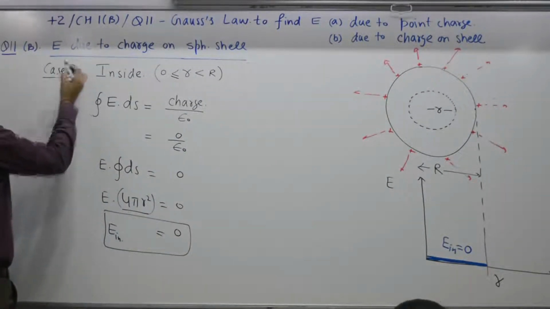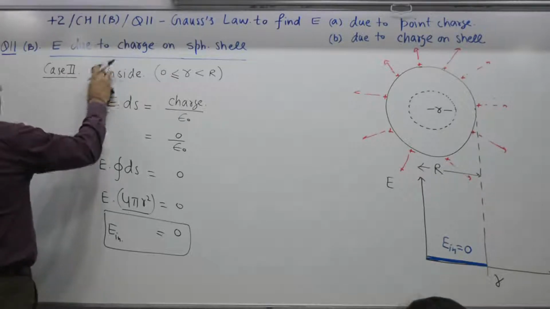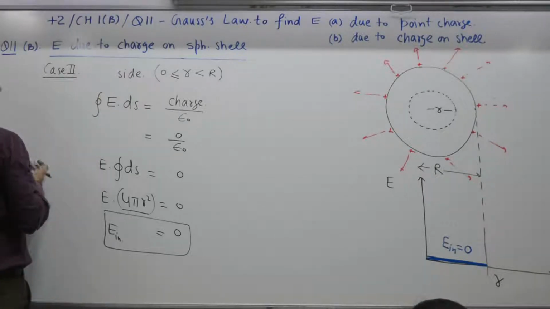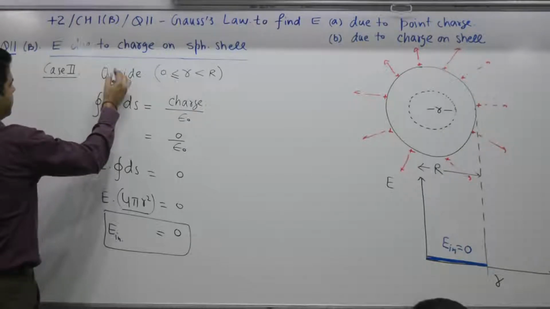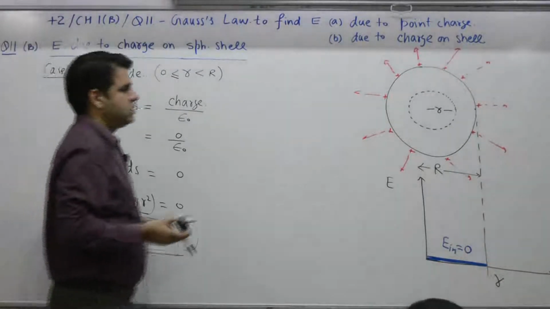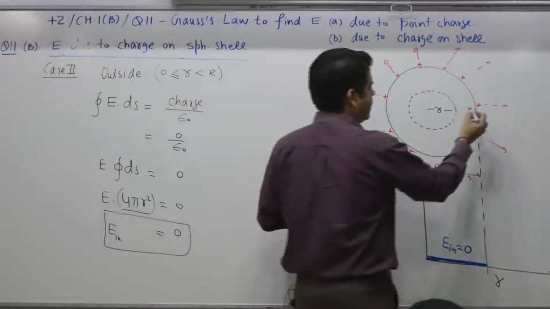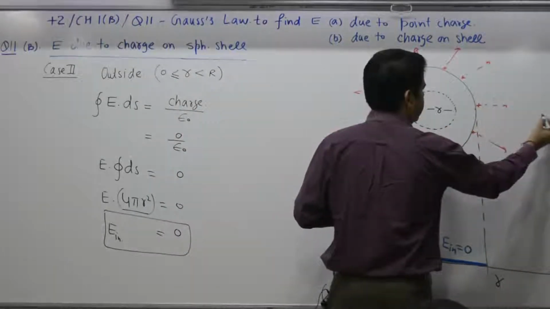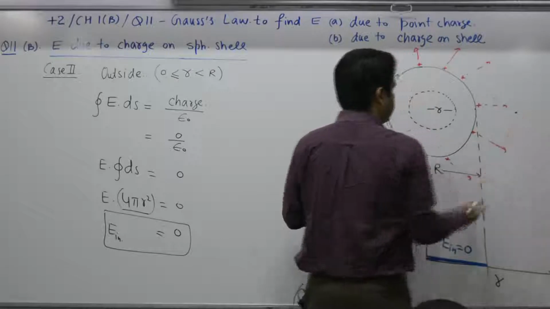Case number 2, outside. When you say outside, the point lies from the surface to infinity. It is any point, say this one.